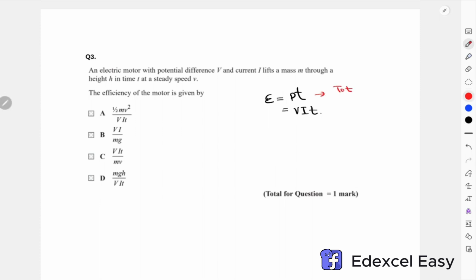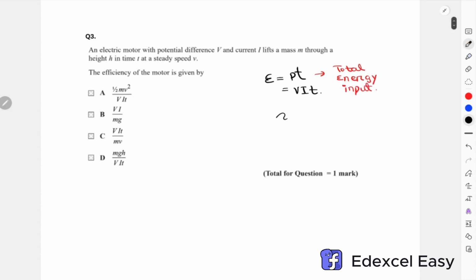This is your total energy input, and GPE, gravitational potential energy, was your total energy output, which was mgh. So this is your output energy.